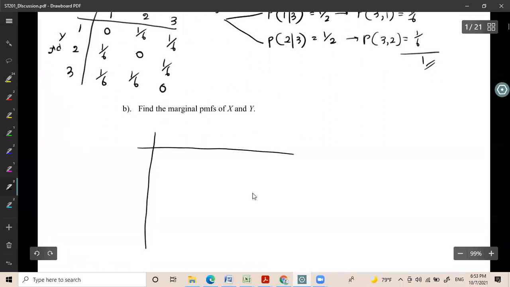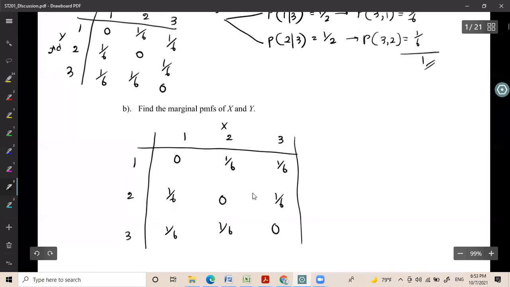We can use the same table. These are my X's. Okay. So if you find the marginal densities, what will this one be?